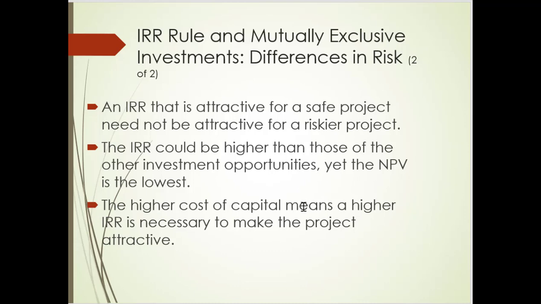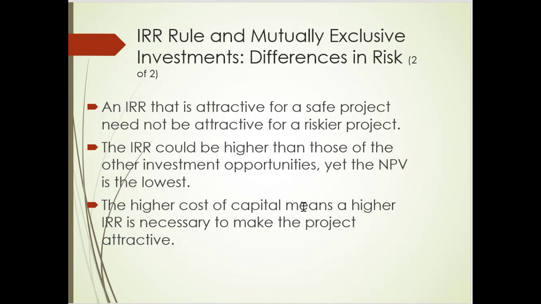What about the differences in risk? An internal rate of return that's attractive for a safe project might not be attractive for a riskier project. So internal rates of return could be higher for investment opportunities that are riskier, yet the net present value could be on the low side. The higher the cost of capital means the higher the internal rate of return necessary to make the project attractive.